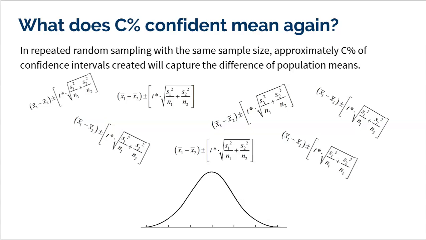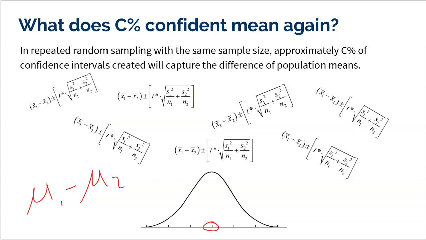Remember that when you have this sampling distribution, we can't make it because we don't know the true difference that's in the middle. But the true difference is smack dab in the middle right there. We just don't know the true difference between the populations, so the mean of population 1 minus the mean of population 2. We don't know that, but we know that in this visualized sampling distribution, it's smack dab in the center.